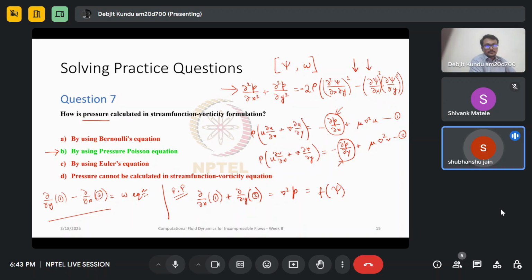So it's actually a very long process to find the pressure. Yeah, but let's say while doing the simulation, while you're trying to calculate the solution of psi and omega, you did that iteration hundreds and thousands of times. But for calculating the pressure, you only need to do it once when you already have the solution.